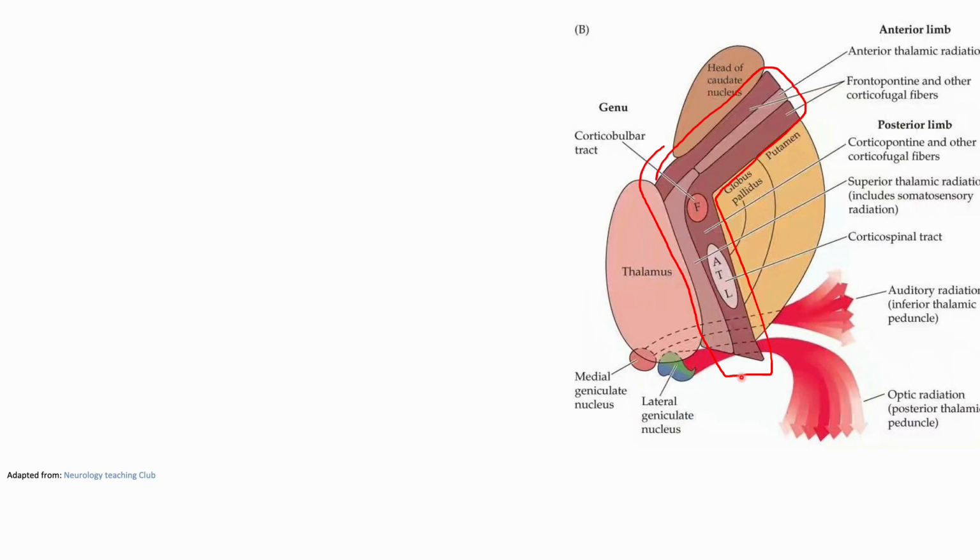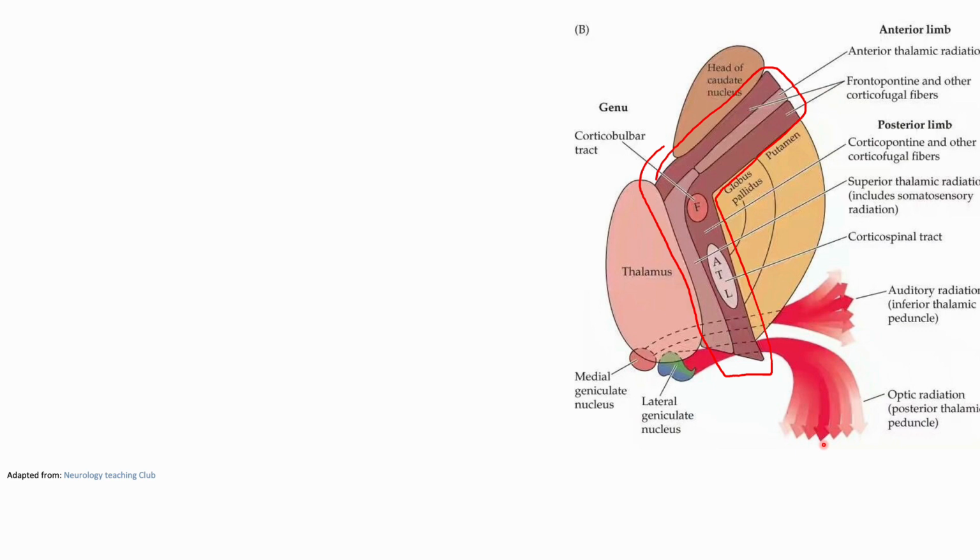And then finally, in the most posterior part of the internal capsule, we have the fibers coming from the auditory and visual pathways, so the medial geniculate body of the thalamus, all the way up to the cortex for auditory radiation, and the lateral geniculate nucleus, and then all the way up to the visual cortex through the optic radiation.